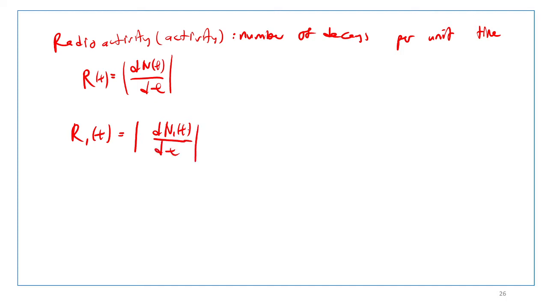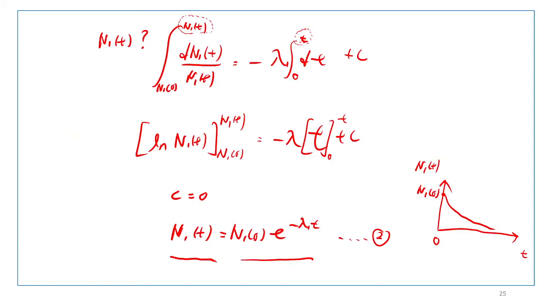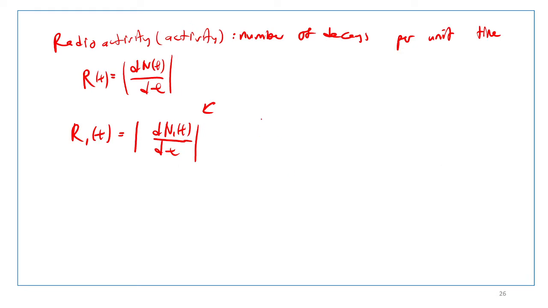If you put equation number 2, you will get exactly lambda 1 N10 exponential minus lambda 1 t. Let's call this equation number 3.